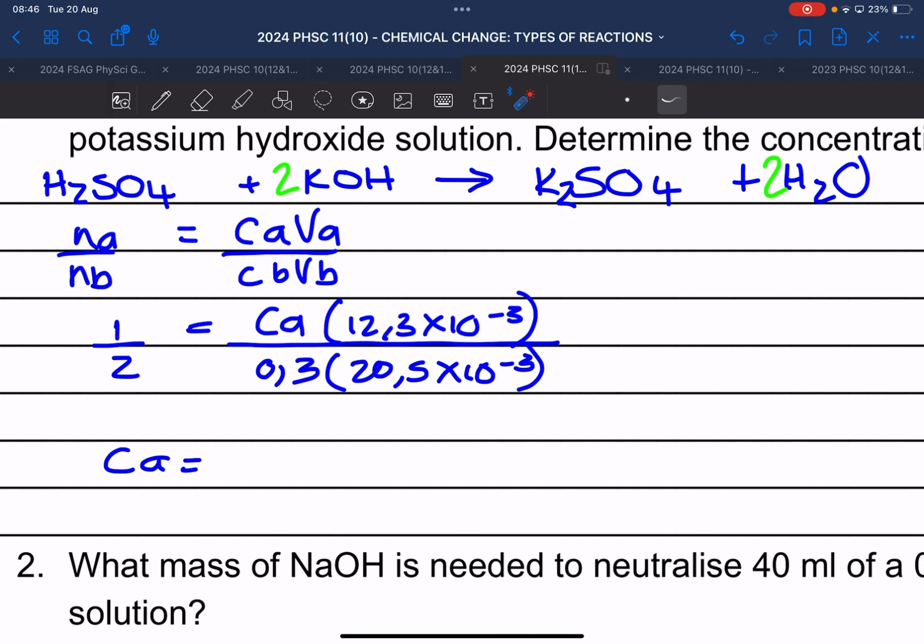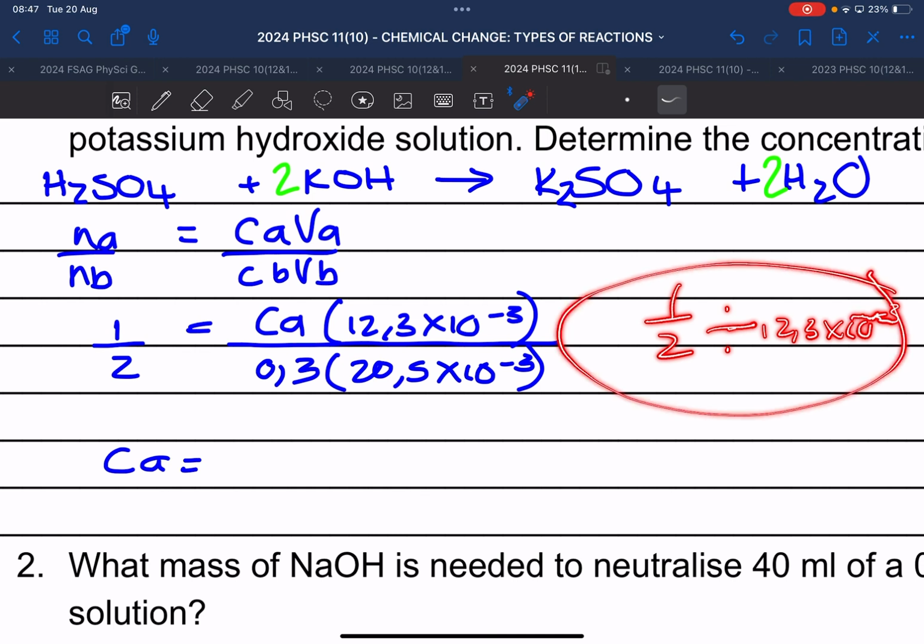Are you just going to press in your calculator, divide by 12.3? There must be something that you divide by that. My question is, what do you type into your calculator? Say again? Oh, okay, so you're going to say a half and then divide by 12.3 times 10 to the power negative 3, and then? No, you're right up until there, and then you get wrong.